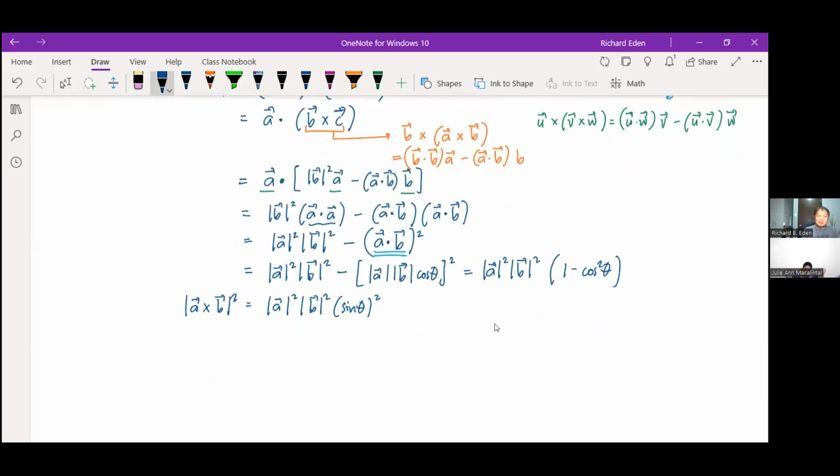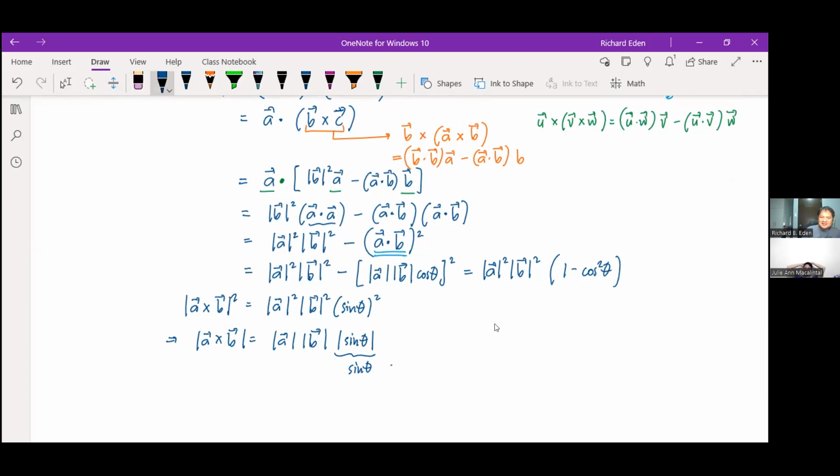And then when you take the square root, A cross B equals the length of A, and then the length of B, and then the absolute value of sine theta, to guarantee that everything is not negative, but then this is just going to be sine theta. So the area of a triangle formed by vectors A and B is equal to the cross product of A and B divided by 2.